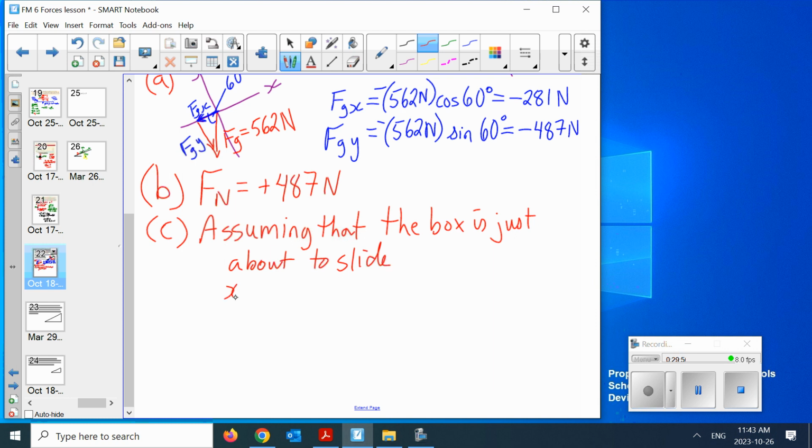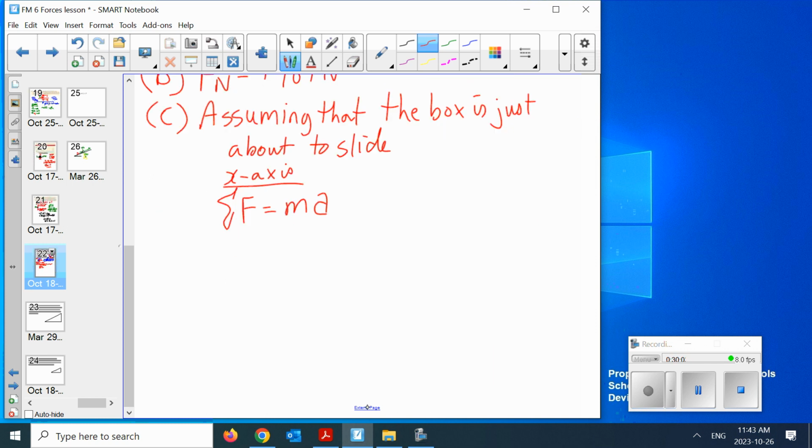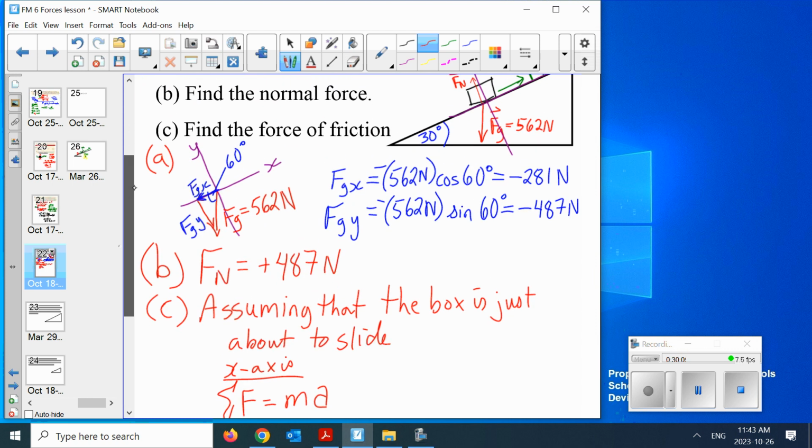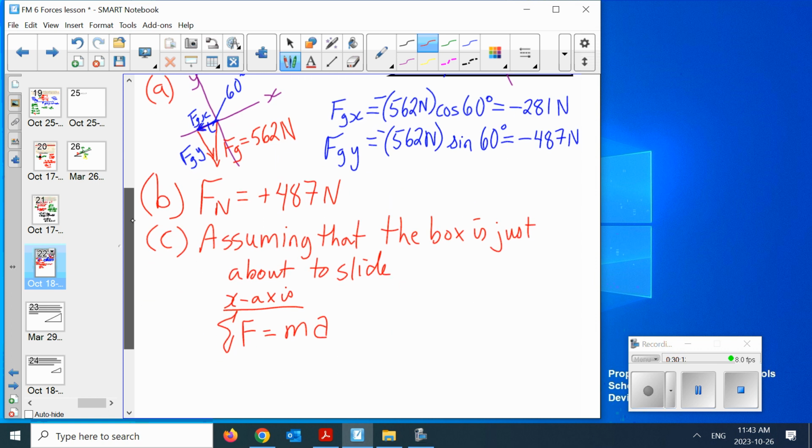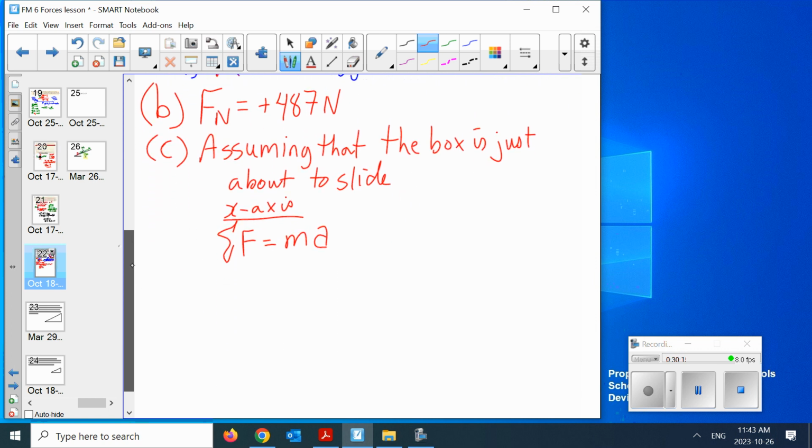So we're going to say the x-axis, sum of the forces, mass times acceleration. It's still just about to slide. So we've got a force of friction on the left, where I drew it, and it's equal and opposite to the x force of gravity.